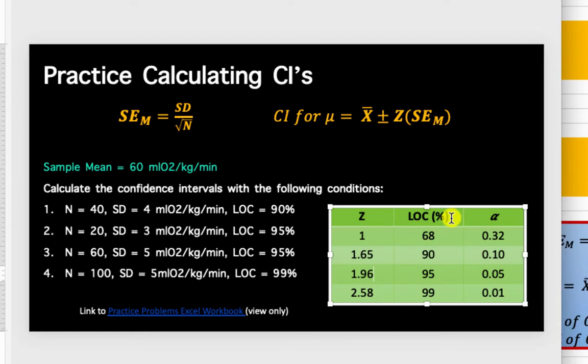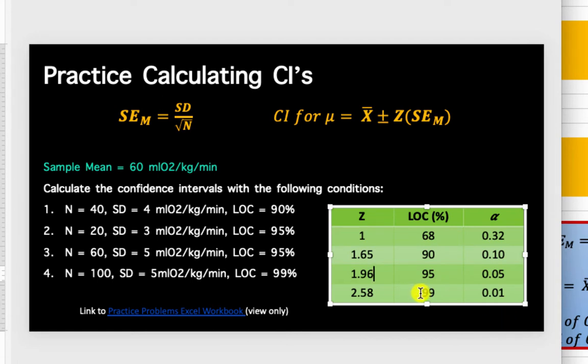And then if you recall, if we converted these percentages to values between 0 and 1, we could say that 1 minus any of these level of confidence values as a decimal gives us our alpha level.